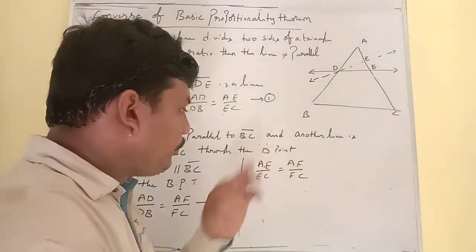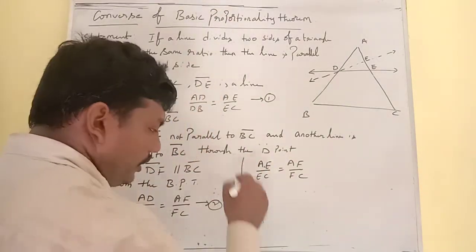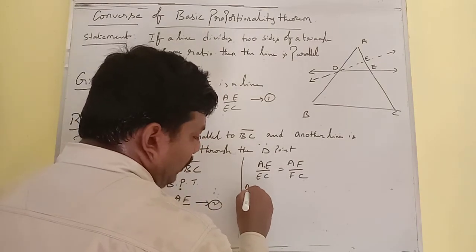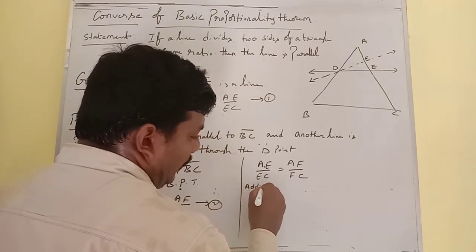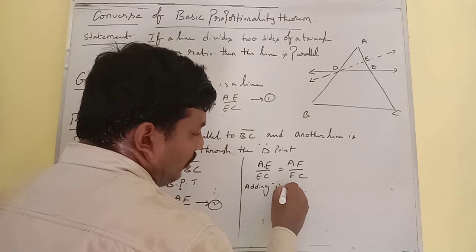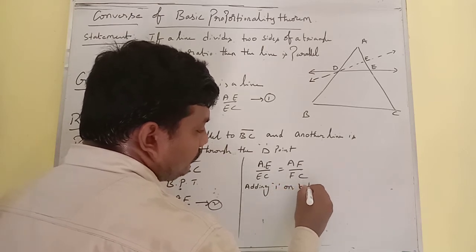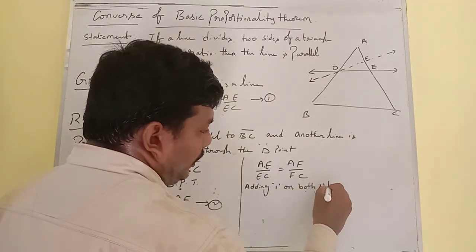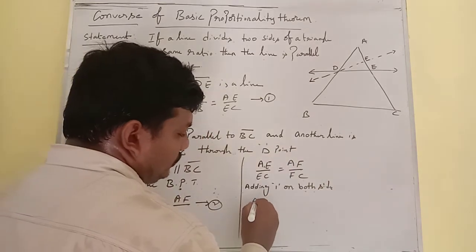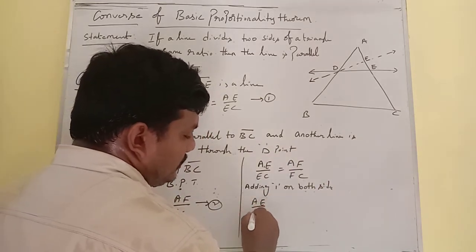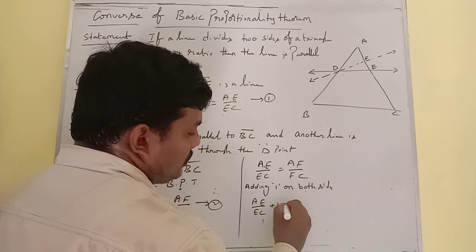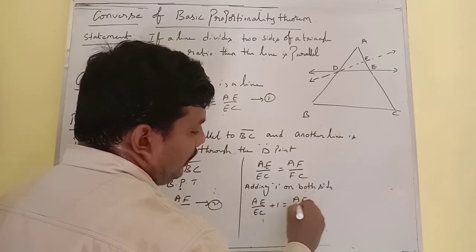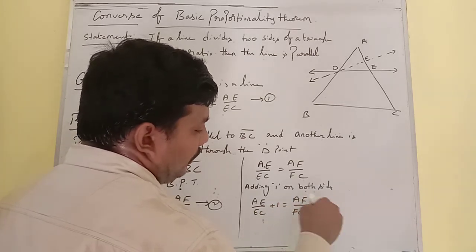Let me consider adding 1 on both sides. Suppose AE by EC plus 1 is equal to AF by FC plus 1.